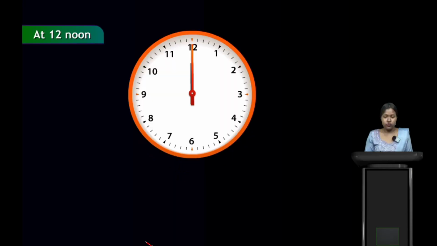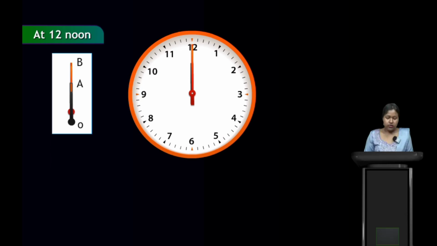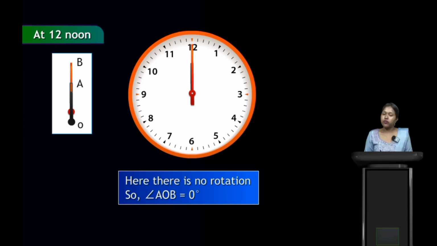Okay, now see, suppose it is 12 noon. At 12 noon, both the hands OA and OB, if we name them, will be together, both will coincide, right? Here no rotation is there, because both are in the same place.